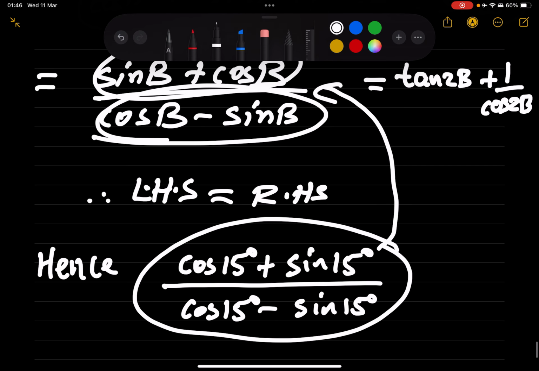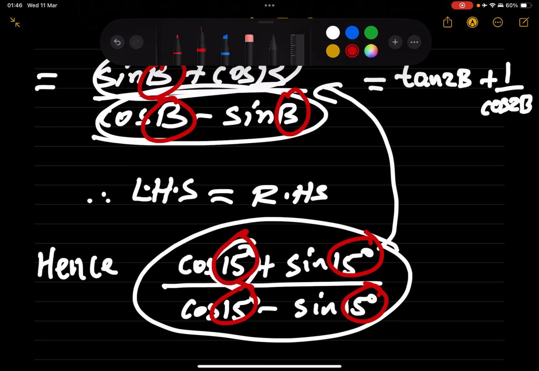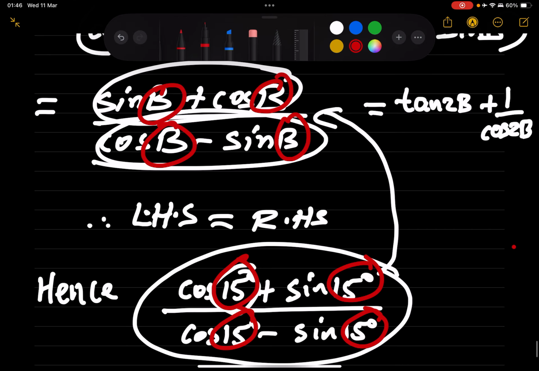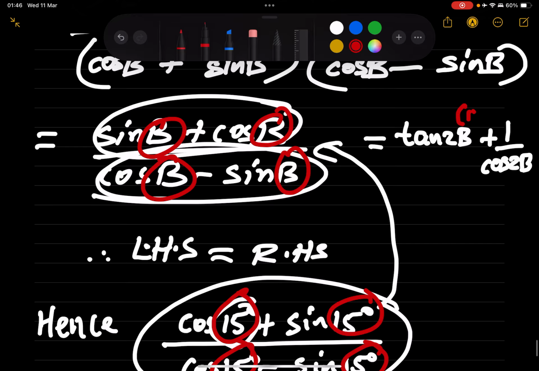And you can see that our b in this case is 15, because 15 goes with that. 15 goes with that, 15 goes with that. So which means I can put 15 here and I can put 15 there.